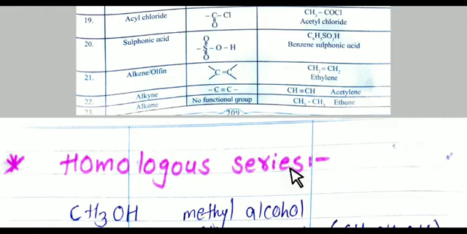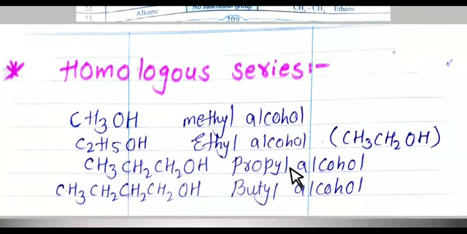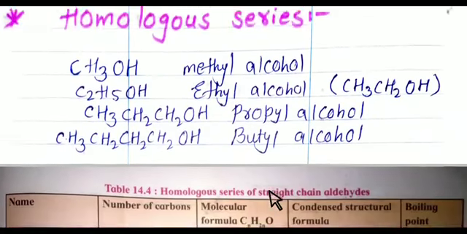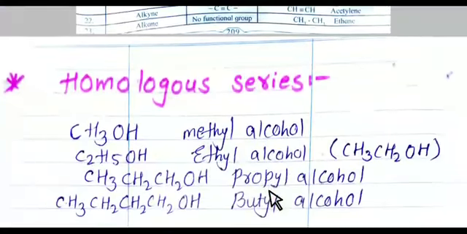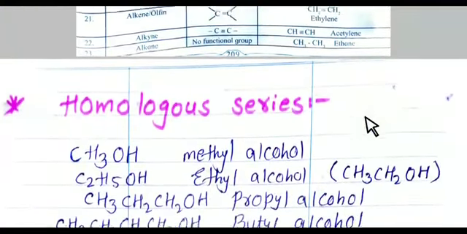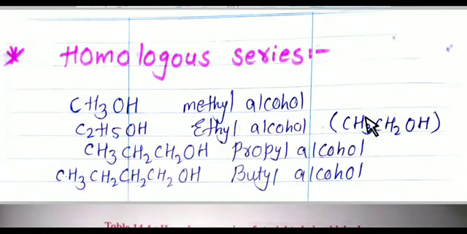Every member of this series differs from each other by CH2, means methylene group. For example, we are taking here the alcohol family, and alcohol has the functional group OH.